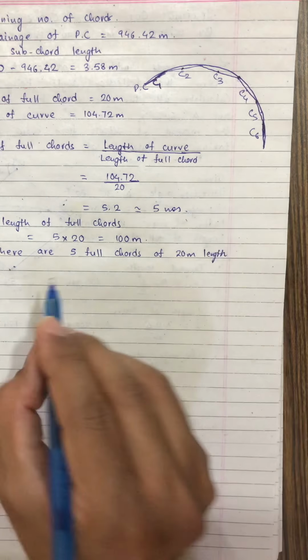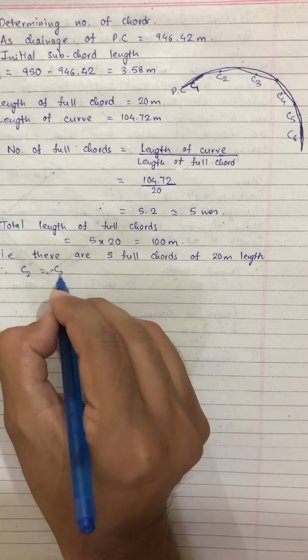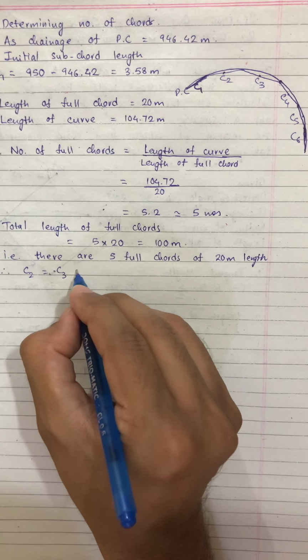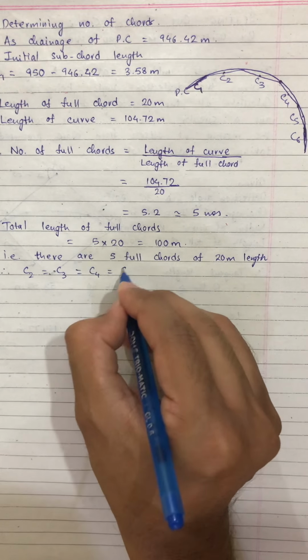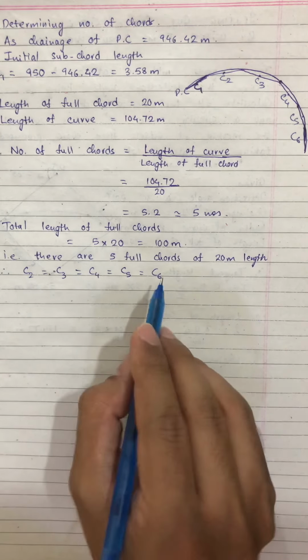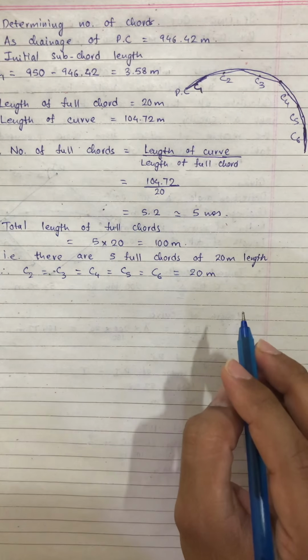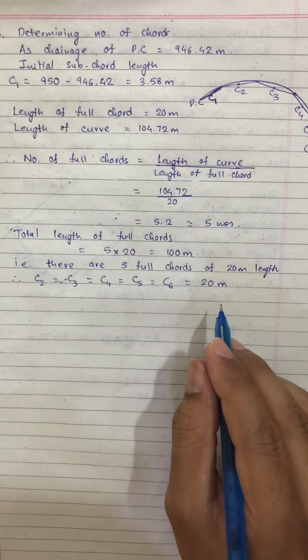Therefore C2 equals C3 equals C4 equals C5 equals C6. These are total 5 chords, each equal to 20 meters.